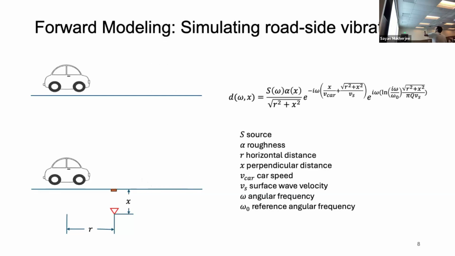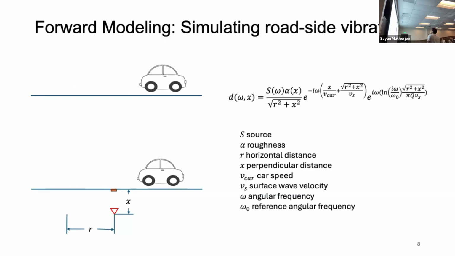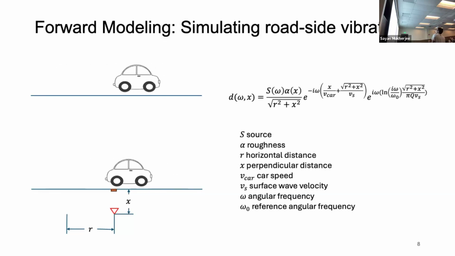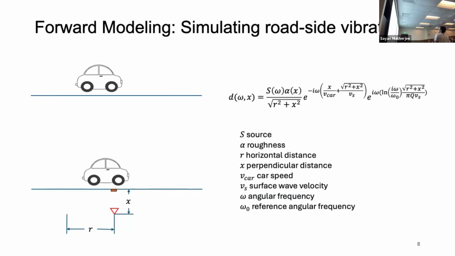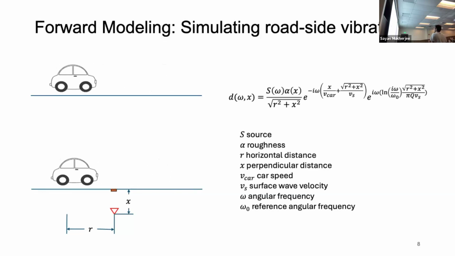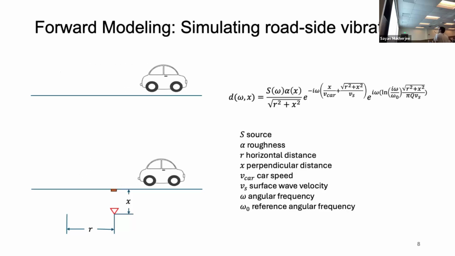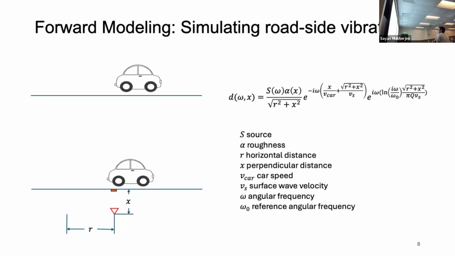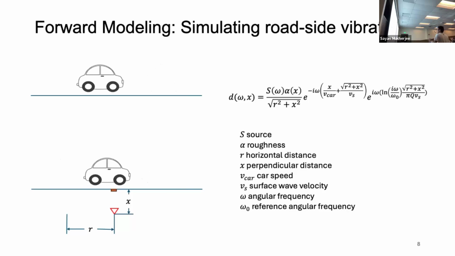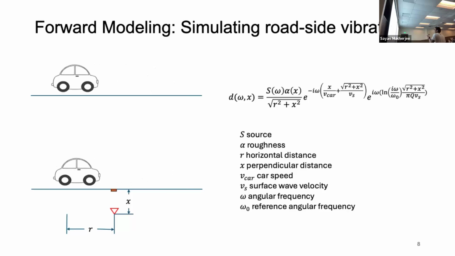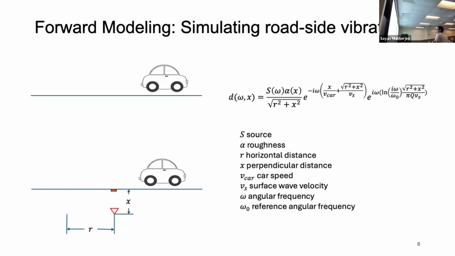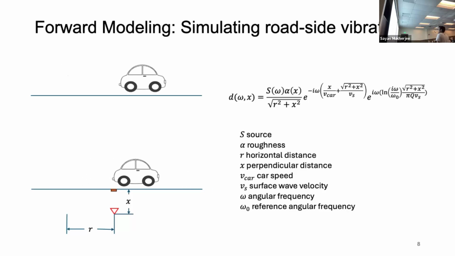So in our Green's functions, we add this factor, which means roughness. This is our new Green's function for the car seismic data, where x is the perpendicular distance from the geophone to the road, and r is the horizontal distance to the geophone.